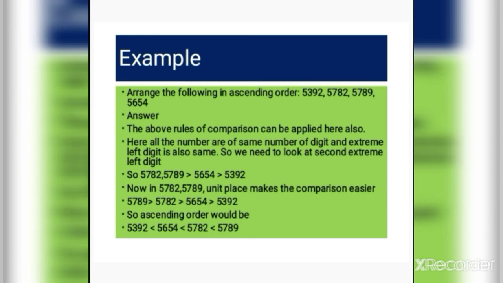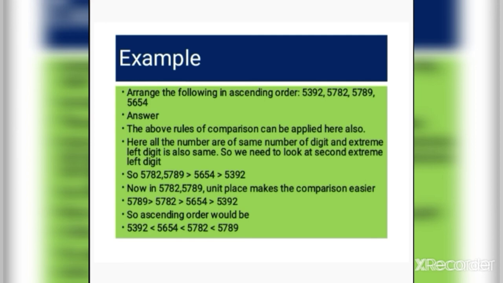So here it is clear that if the number has 7 as the second digit from the left, that is bigger. Here two numbers have 7, so they are bigger than the other two.